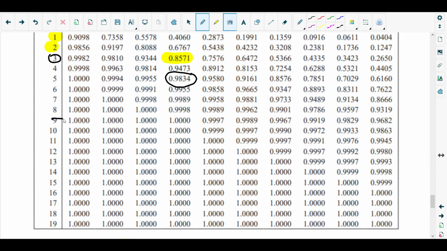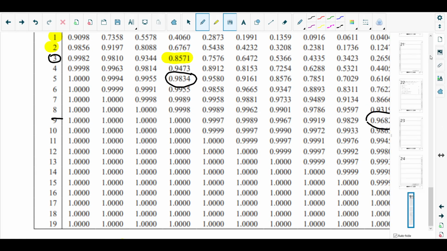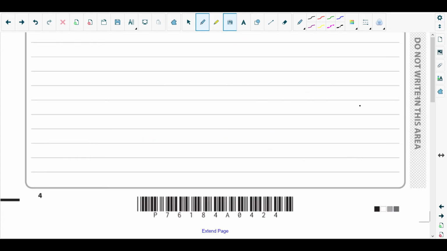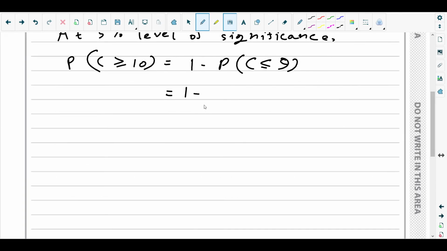Here it is 9, and 9 goes towards this row. So this is 0.9682. So we need 1 minus 0.9682. So we'll get 0.0318.